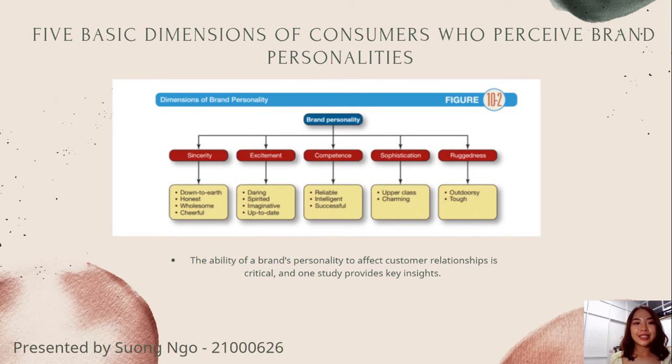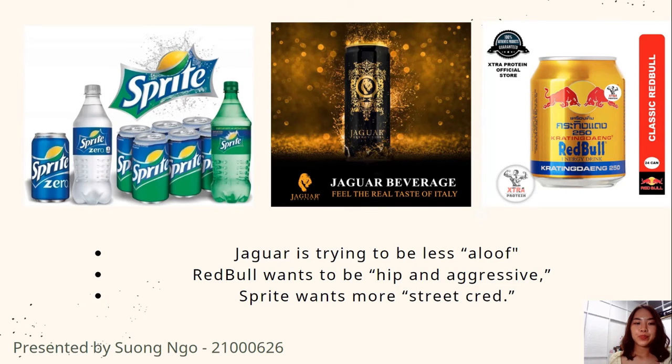And there are 5 basic dimensions by which consumers perceive brand personalities, which are sincerity, excitement, competence, sophistication, and ruggedness. The ability of a brand personality to affect the consumer relationship is critical, and you can see the key insight. For example, Stargard is driving to be black by love, while Red Bull wants to be hip and retro, and Sprite wants to be streetwear.